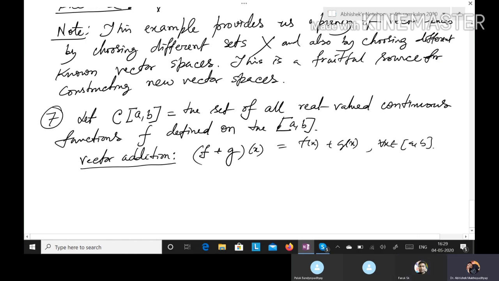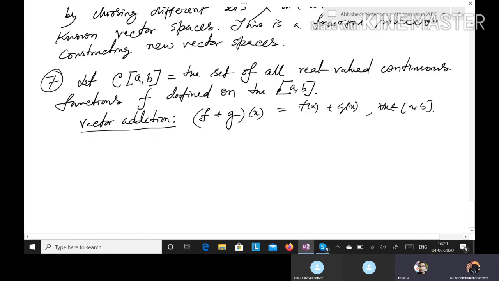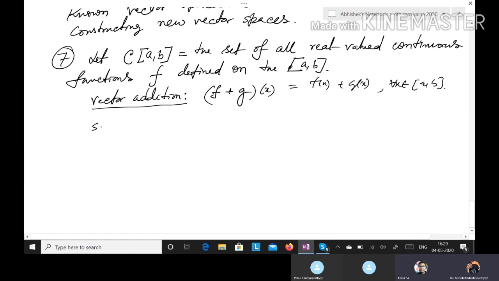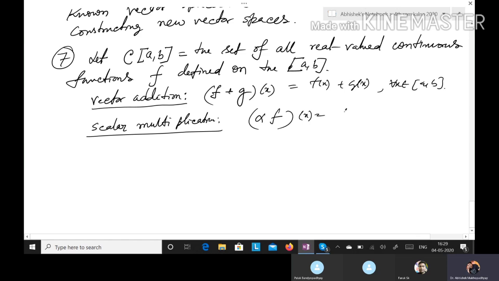This is similar to the way of construction we have already discussed. And scalar multiplication is also similar: given any scalar alpha and any f from C[a,b], you can define this function as (alpha f)(x) equals alpha times f(x).